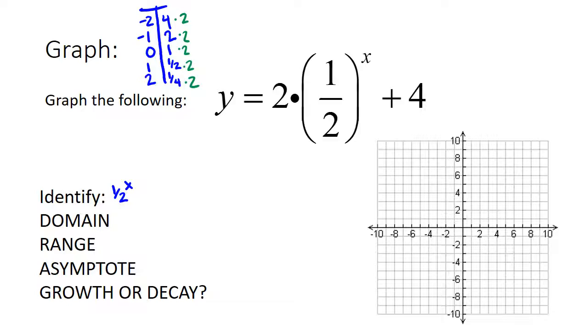I'm not doing anything to the x, but I do have a vertical shift of 4. You have to multiply before you add. If you do it in the reverse order, you're not going to get the correct solution. This creates our final table that we're going to graph. We get a 12, an 8, a 6, a 5, and let's see, a 4.5.